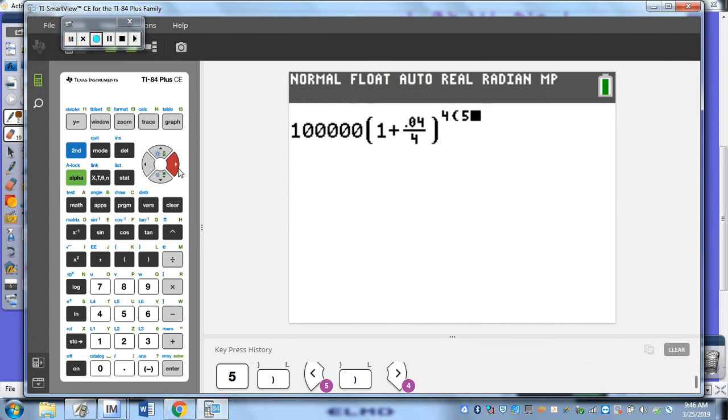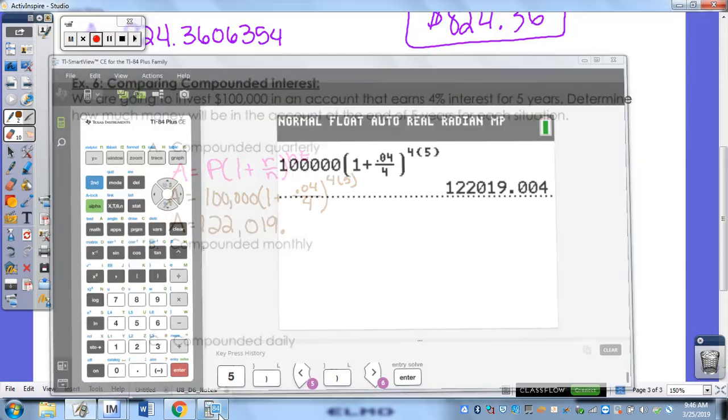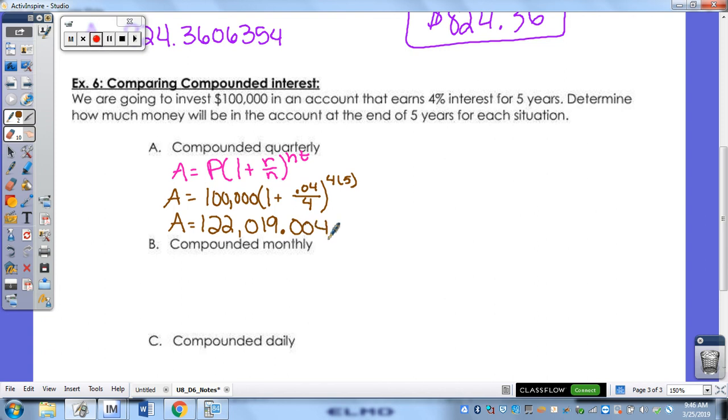There we got 122,019. So for compounded quarterly, that would be $122,019. Because it would be 0.00 based on our rounding rules.